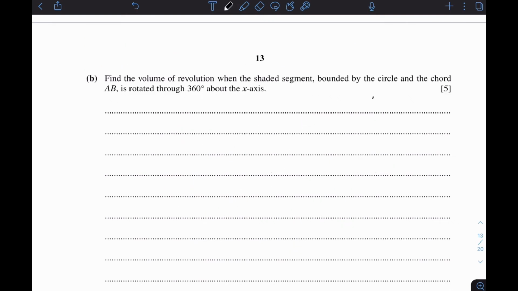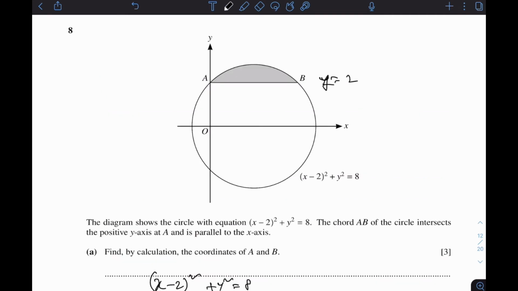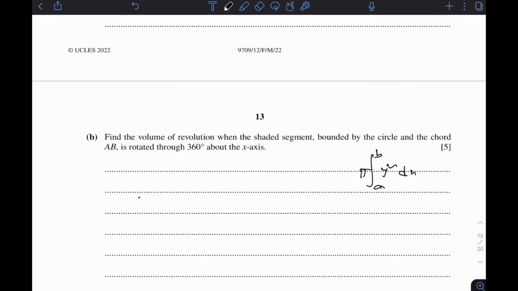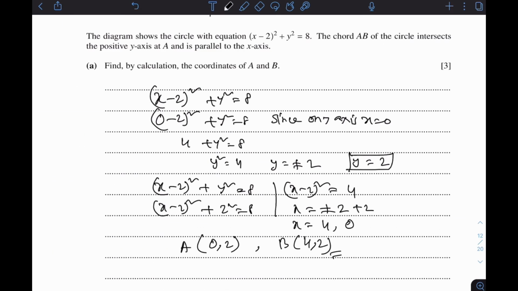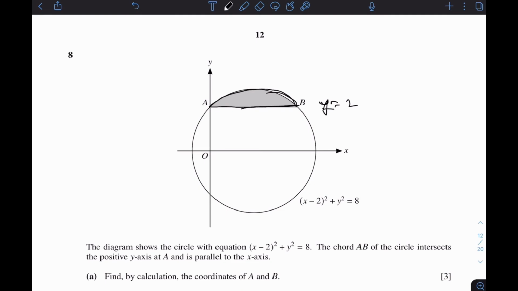We know that the volume formula is pi integral of y square dx from a to b. So we can write, this is the curve and the lower one is a line. Volume equals pi integration from A to B, 0 to 4, since it starts at 0 and ends at 4.